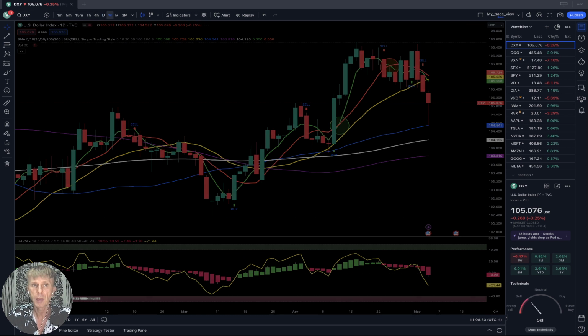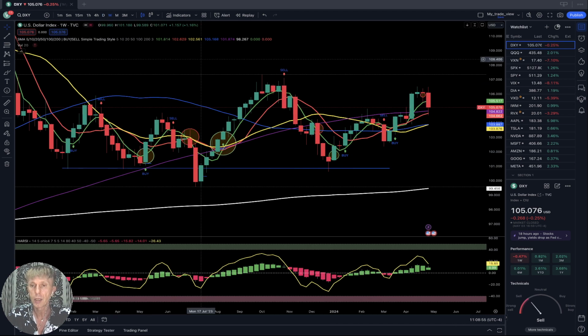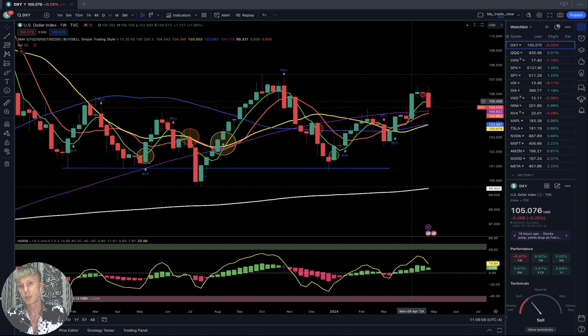Weekly time frame. I don't trade on the weekly, but I do monitor it. It's good for investors. For swing trading, I'm using the daily time frame. The weekly time frame is my strategy direction, right? DXY was positive, it is still positive, but it did a very powerful red bar last week.